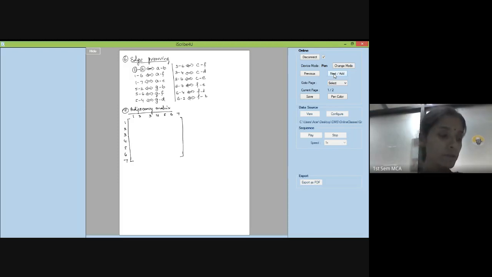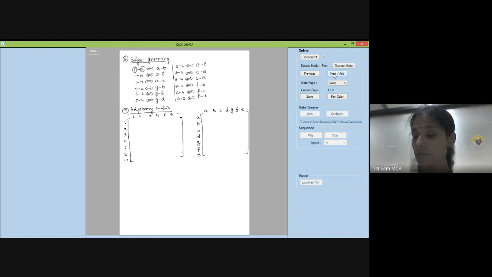The equivalent of 1 is A, and I think there is no change until C, D. 5 is G, 6 is F and 7 is E. So write in that same order: A, B, C, D, G, F and E. That is the order in which you have tried.